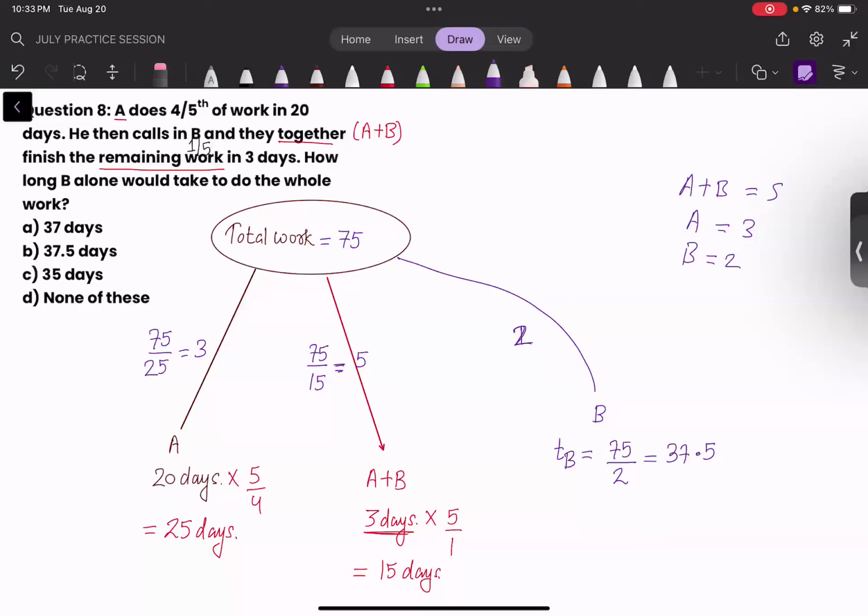All of you clear with this? Okay. Now next.